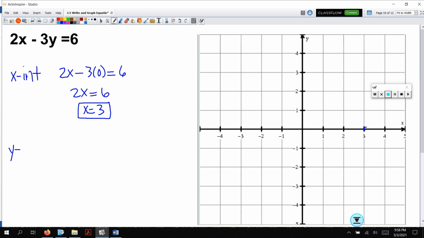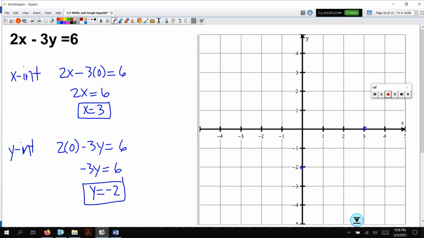And then for my y-intercept, 2 times 0 now, minus 3y equals 6. Negative 3y equals 6. Divide by negative 3, y equals negative 2.